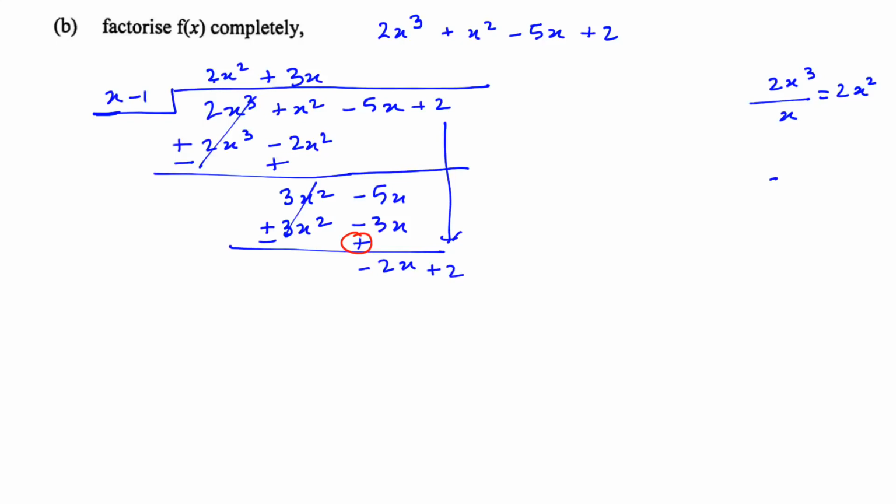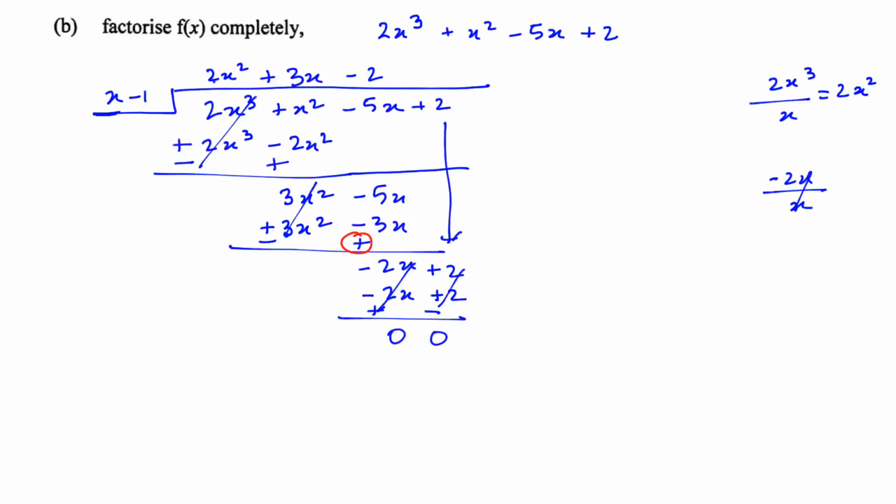You have negative 2x as your first term and divide by x. What will you get? Negative 2. So x multiplied by negative 2 is negative 2x, and negative 1 multiplied by negative 2 is positive 2. Change the signs, both the terms get cancelled, 0.